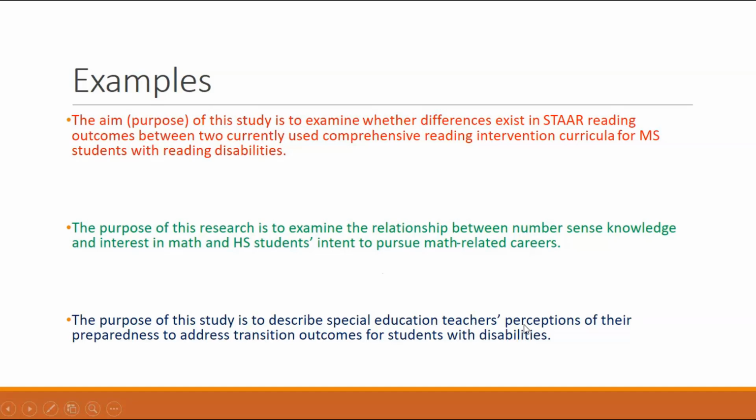In this bottom one, we have teachers' perceptions of preparedness to address transition outcomes. So each one of these clearly in one sentence articulates the purpose in terms of what are we trying to study, what are the variables, who is my focus, and the how. I'm going to describe, I'm going to look at relationships, or I'm going to compare groups.